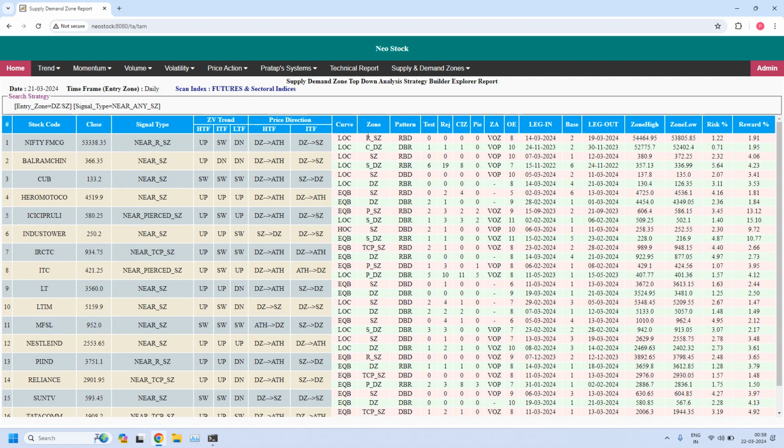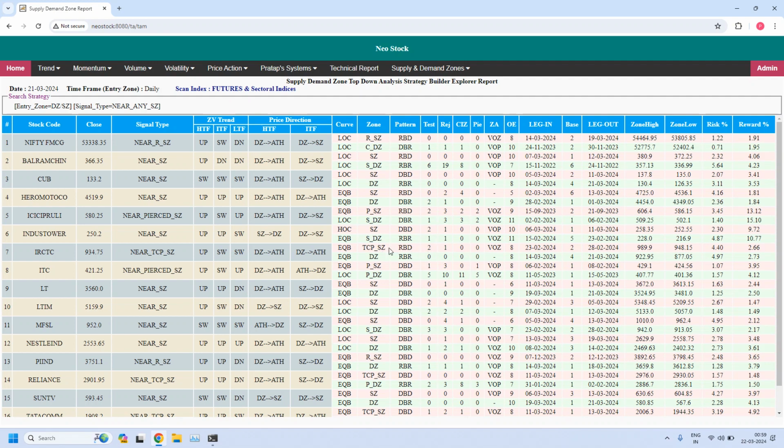We have a high liquidity supply zone, Nifty FMCG, so we can't use indices. So here we have a high liquidity supply zone. IRCTC is currently near a high liquidity zone.